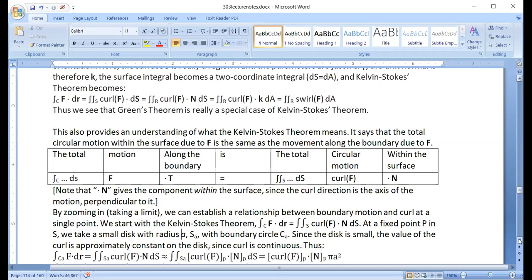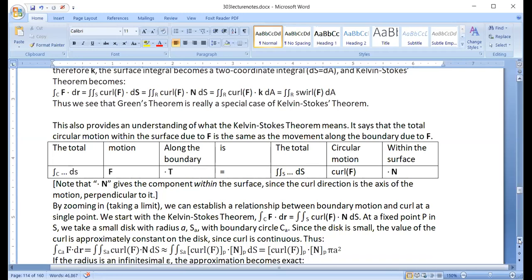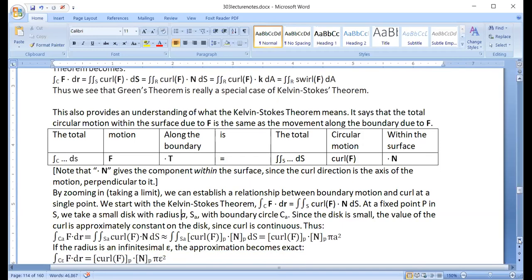Now, of course, that was an approximation. If your radius is infinitesimal, so you have an infinitesimally sized disk, then this approximation becomes exact. So then we can say that the integral over the curve c sub epsilon of f dot dr is equal to the curl of f at our point P dot the unit normal at our point P times our infinitesimal area, which is pi epsilon squared.